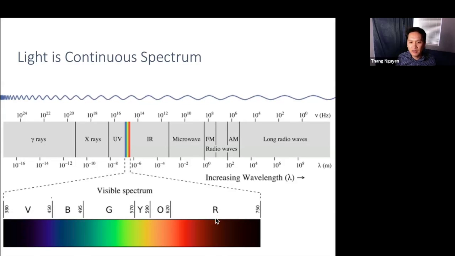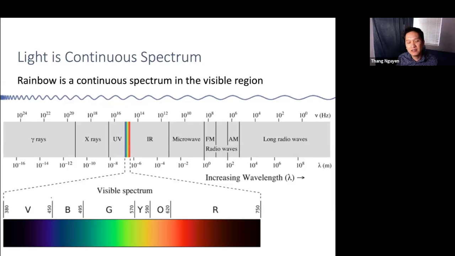So for example, we can see red, orange, yellow, green, blue, and violet. As you see here, red is more on the right-hand side, so lower energy, and violet is on the left-hand side, so higher in energy. Right, so keep that in mind about the visible spectrum.